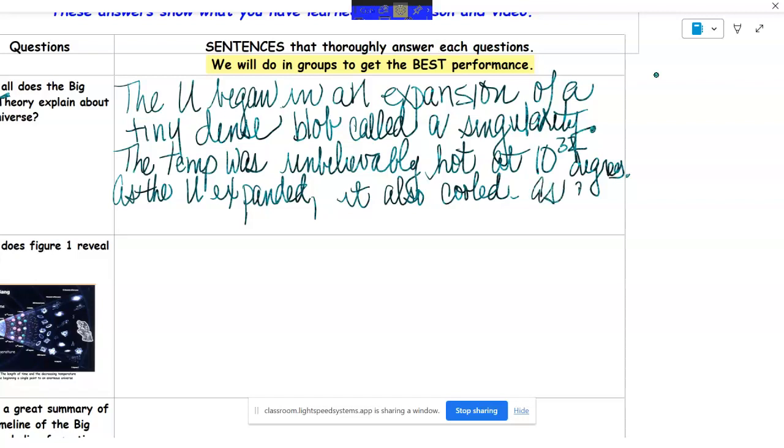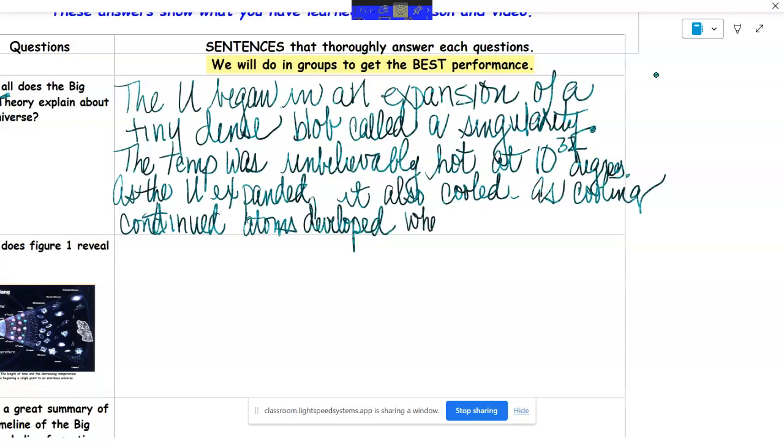As cooling continued, atoms developed when electrons stuck to the nucleus, with a lower speed.